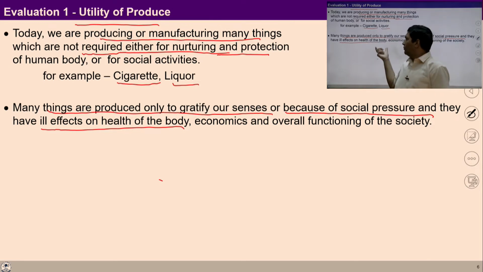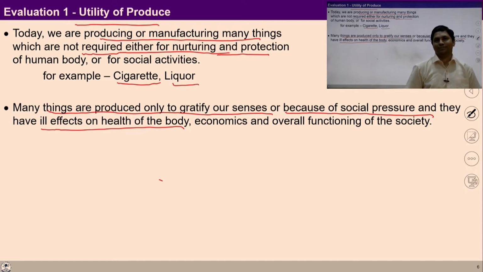One problem with this kind of production is, number one, if we produce only to gratify our senses, then those productions cannot satisfy human beings in continuity. As we studied, a human being is a coexistence of self and body.